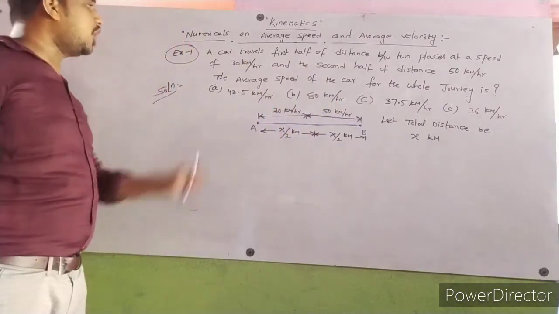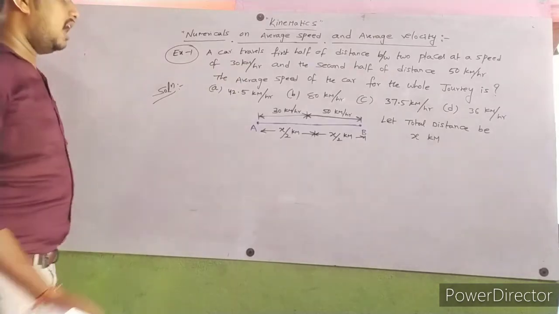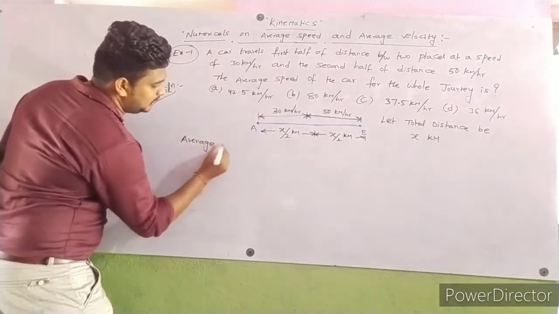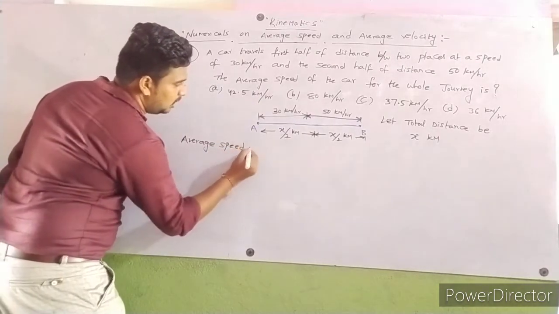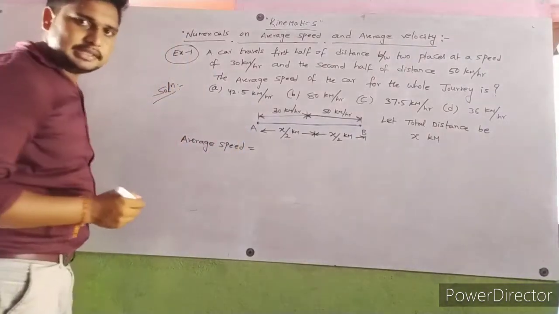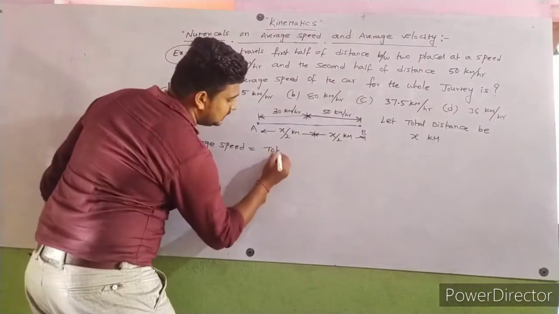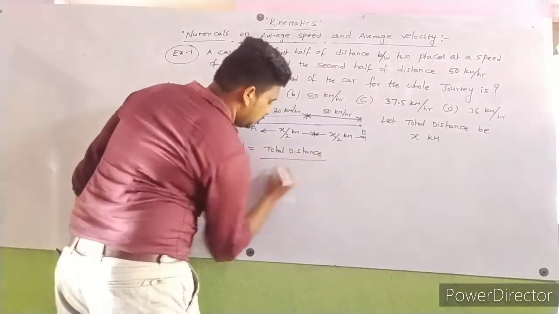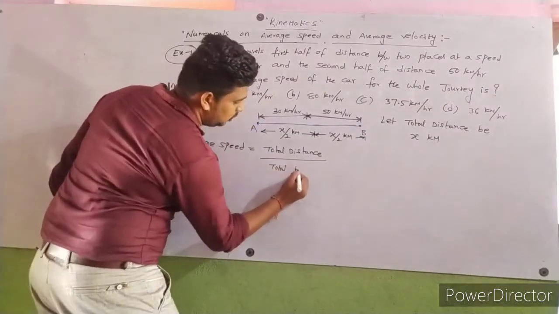Now what do we need to find here? Average speed. What is the formula of average speed? Average speed is equal to total distance by total time taken.